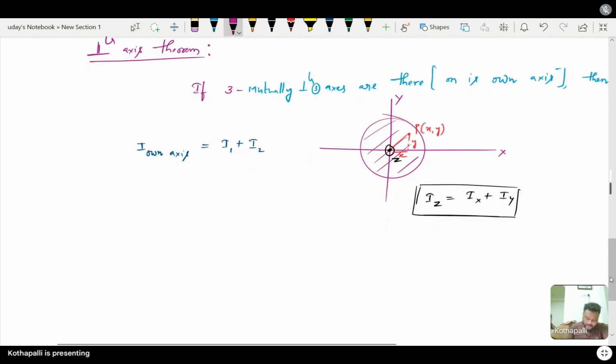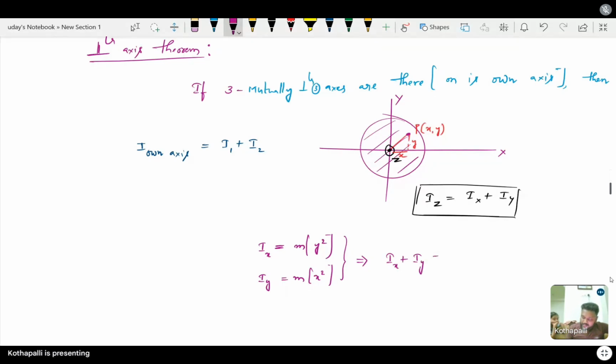Now write separately. What about Ix? We can take a point mass: m into y square, because when you see from the x-axis, the perpendicular distance is y. Similarly, I about y will be m into x square. Just add these: Ix plus Iy gives m into x square plus y square.